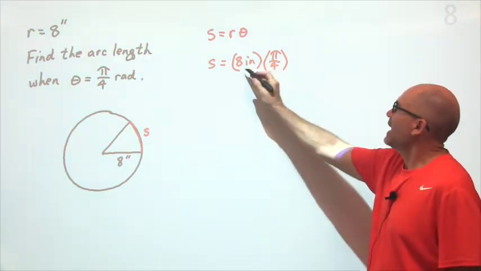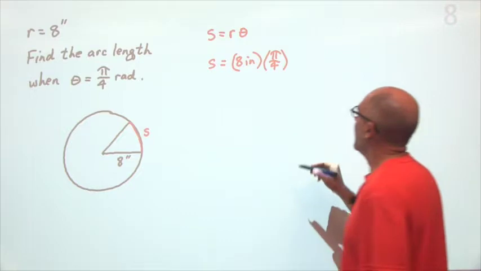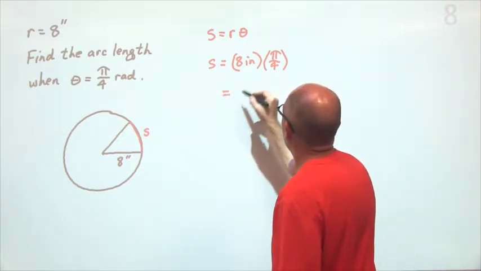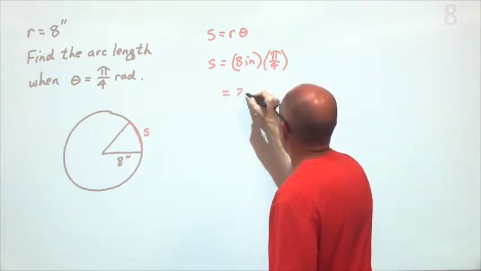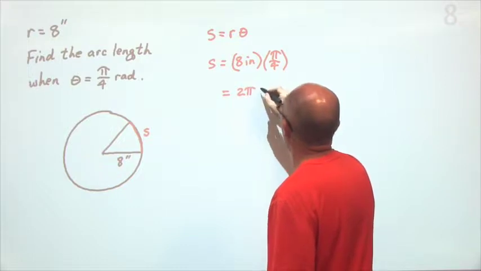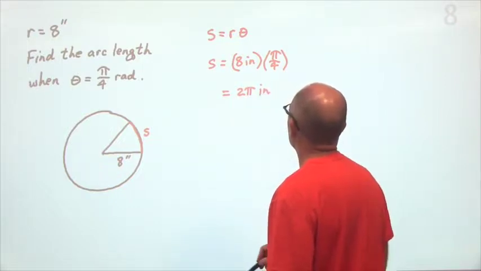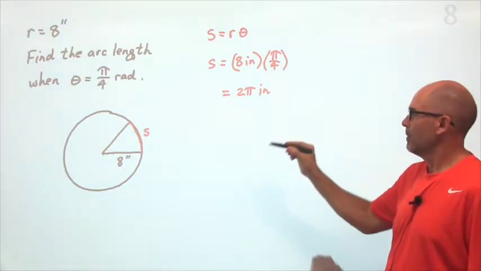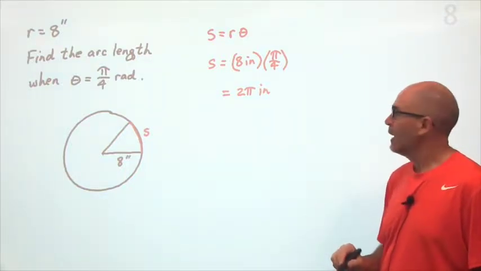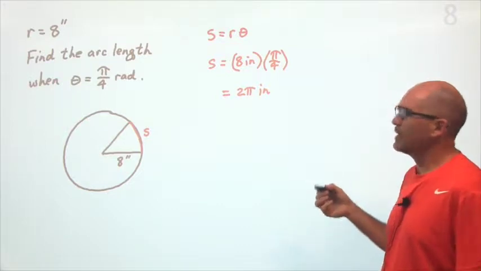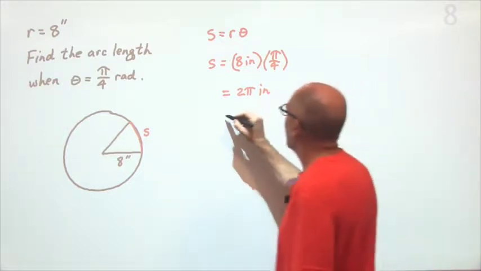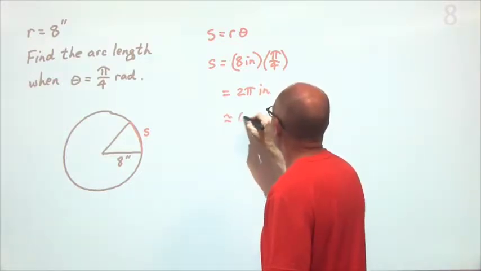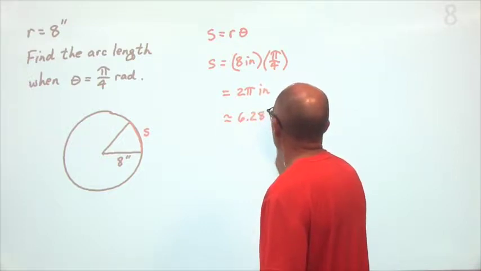So 8 times pi over 4 ends up equaling 8 divided by 4 is 2 pi. And what are the units? Inches. 2 pi inches is the length of that arc. Now, we could do a decimal approximation and say it's approximately 6.28 inches.